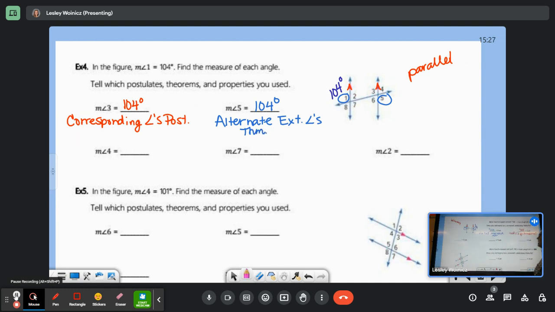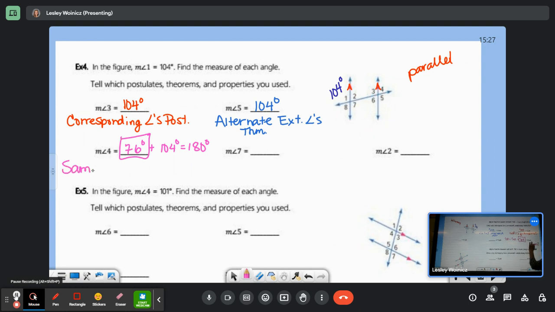Okay, what about the next one, angle 4? 76, I heard. How did you get that? 76 degrees plus 104 degrees adds up to 180, right? So we know that same side exteriors are what?